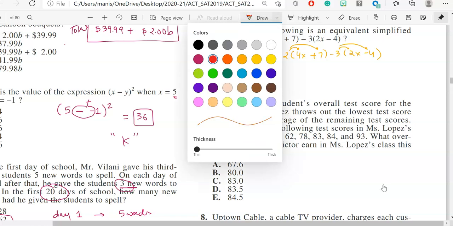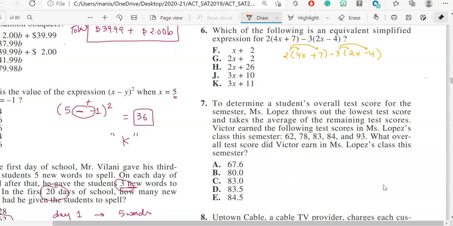The reason why I draw these arrows is it helps me in counting all of my terms over here. 2 times 4x is 8x, this is my 14, minus 6x plus 12 over here. 8x minus 6x gives me 2x, because these are like terms. And 14 plus 12 will give me 26. So this is my answer over here. Do I have any choice which looks like this? Yes. Option choice H is the correct answer for this problem.